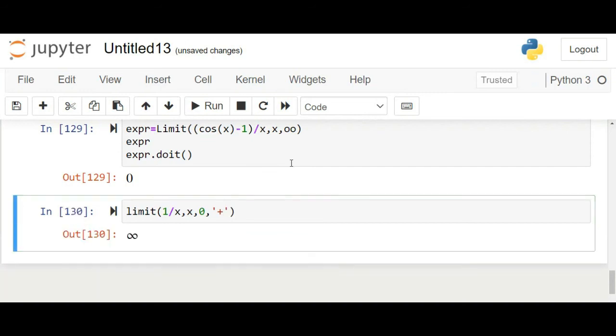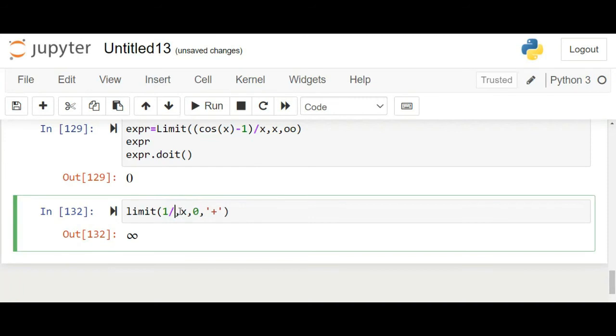Our answer is infinity. We want to find the limit of 1 over x as x approaches 0 plus, and if 0 minus, then this is minus infinity. If it's 0 plus, then this is plus infinity.